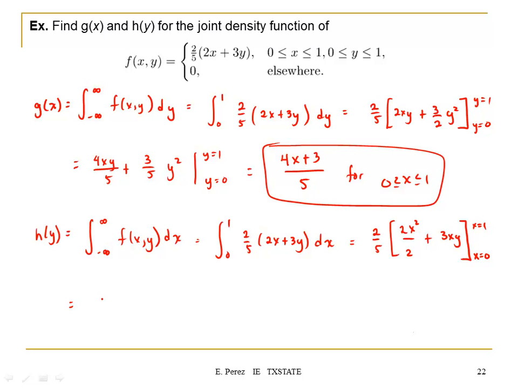So this becomes 2 over 5 x squared plus 6xy divided by 5, and this is equal to 2 over 5 plus 6y over 5, and this is for y between 0 and 1.